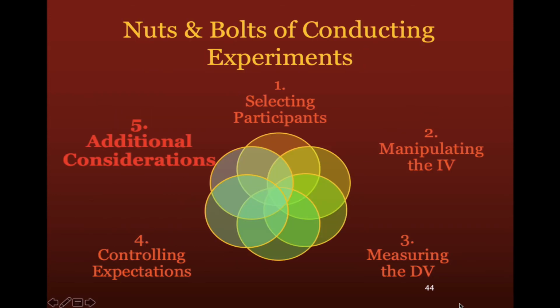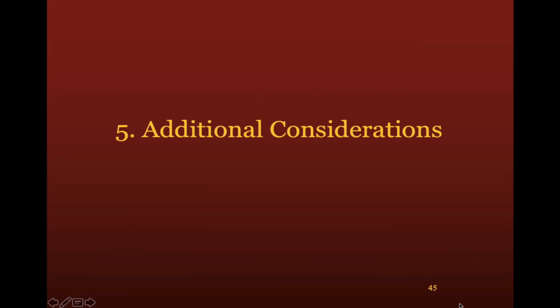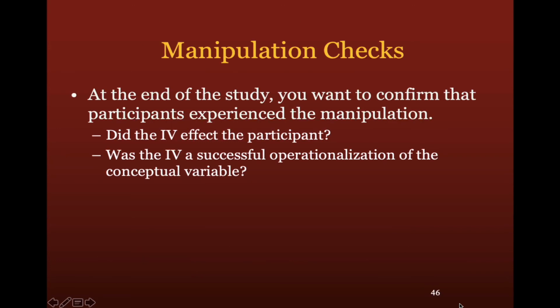And the last thing we have to think about are some additional considerations that don't fall within these other four. So one thing you want to do at the end of the study is to confirm that participants actually got the manipulation, right? So if you gave them negative feedback in one condition and positive feedback in a different condition, you want to make sure that at the end of the study they felt like they got either the negative feedback or the positive feedback.